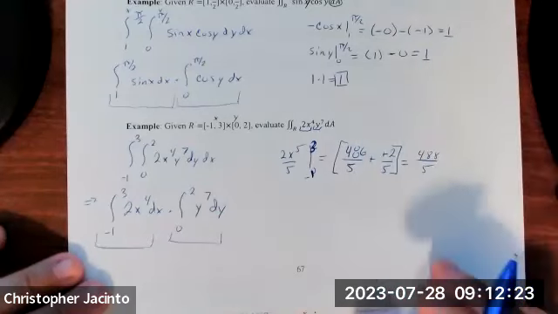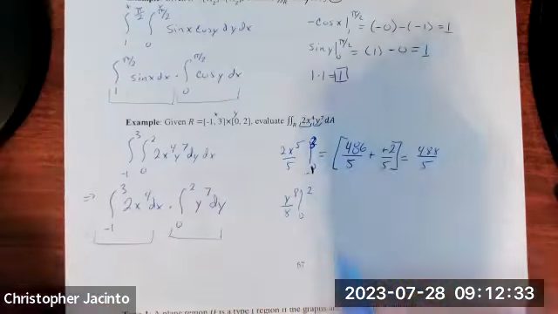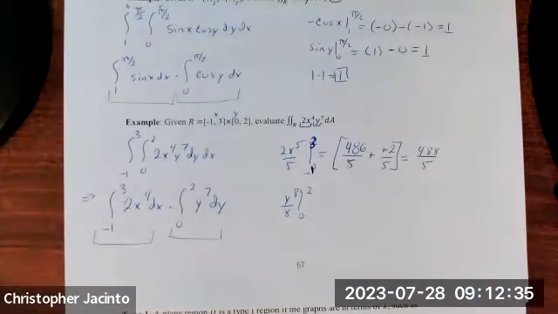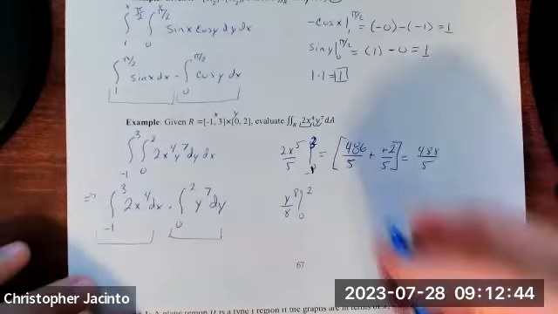So this becomes 488 over 5. And now we do the same thing for the y. This is just going to be y to the 8th over 8, evaluated at 2 and 0. And to the 8th power, I got 32. Once I divide by 8, I get 32.